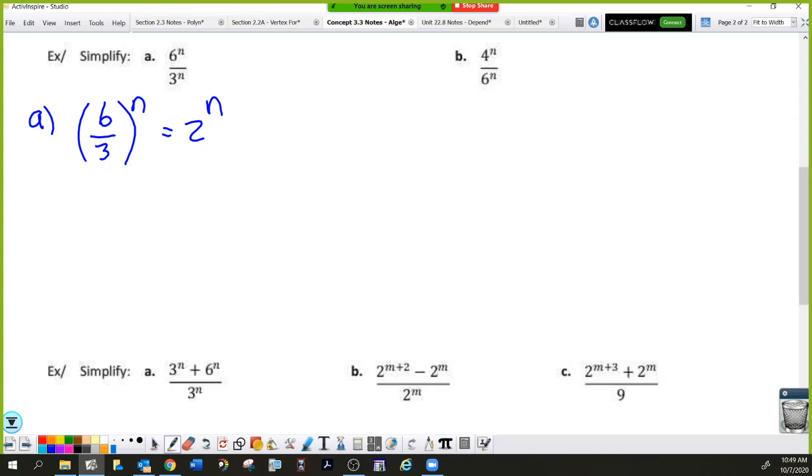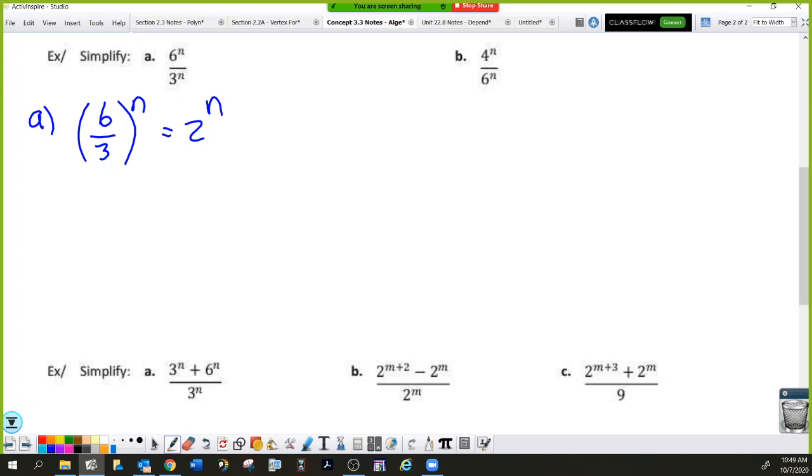So yeah, what did we do here? We divided the exponential bases, but we were only able to do that because the exponents matched. That allowed us to do that.